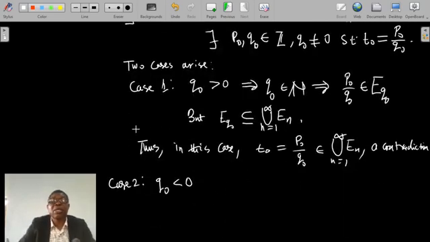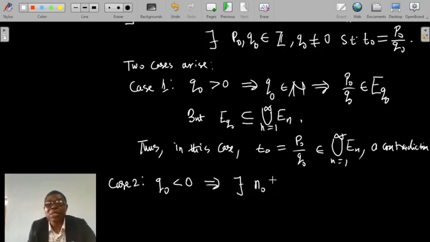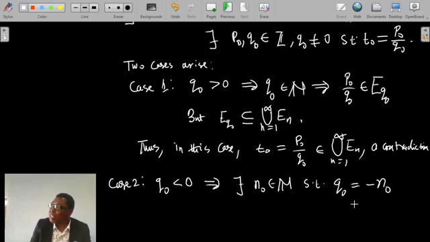So here, if q naught is less than 0, this will imply that there exists n naught in the set of natural numbers such that q naught is equal to minus n naught, because any negative integer is minus 1 times a particular natural number.